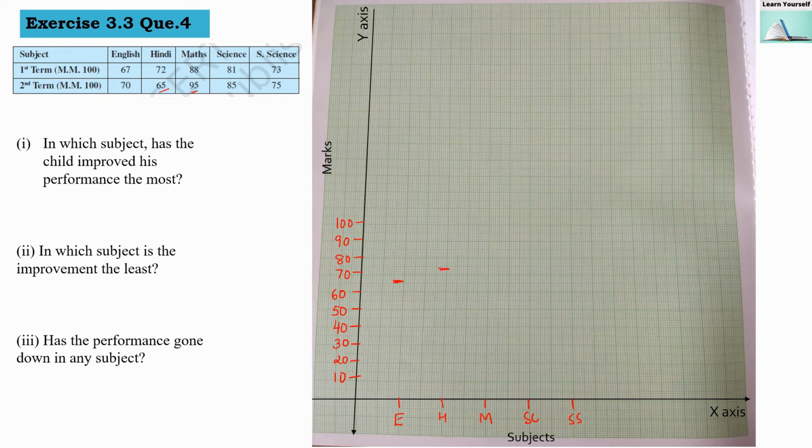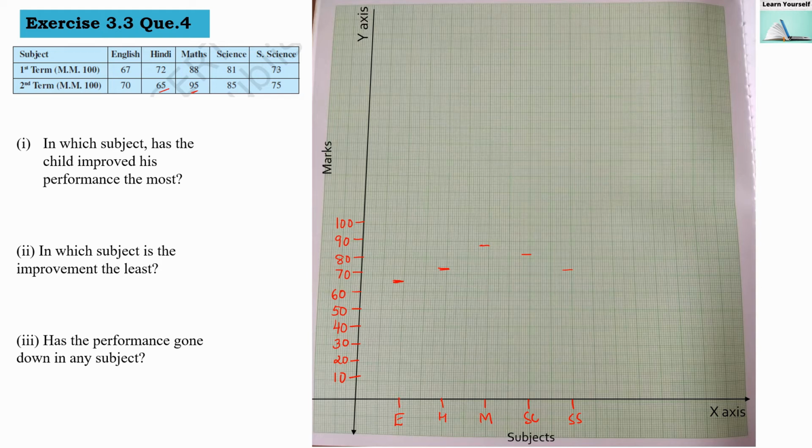Then Maths it is 88. Science it is 81. Social Science it is 73. And here we have completed the readings for term 1.